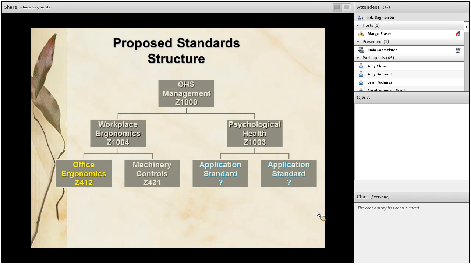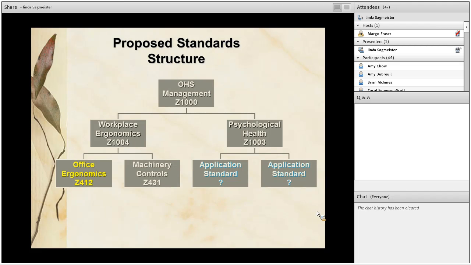I think in 2006 the OHS Management 1000 came out, so that's the overarching management standard for OHS. I have to also remind people that the Office Ergonomics standard, as well as the Workplace Ergonomics standard, were developed by the requirements of the OHS Steering Committee of the CSA.